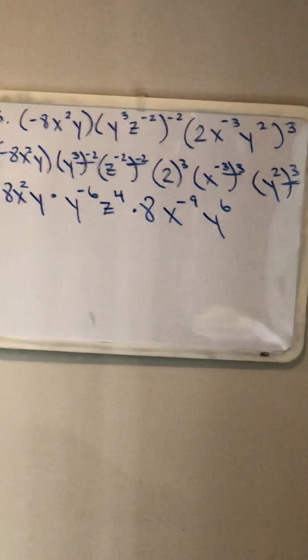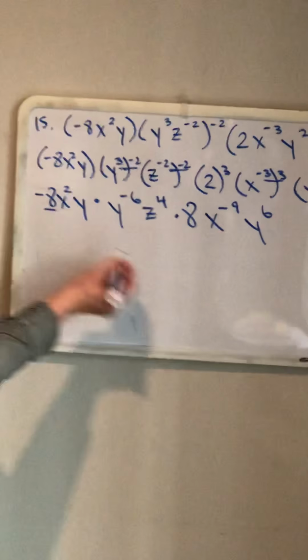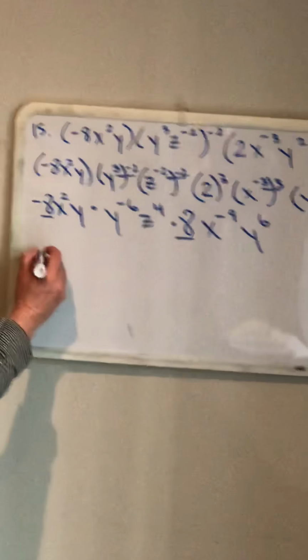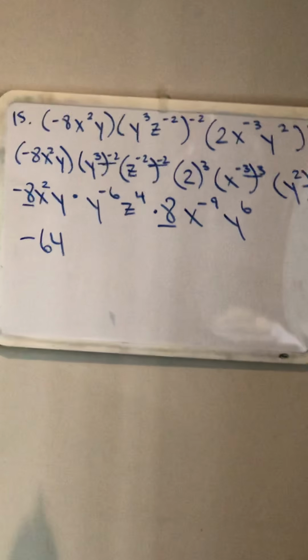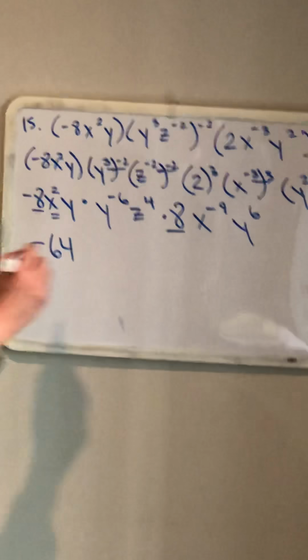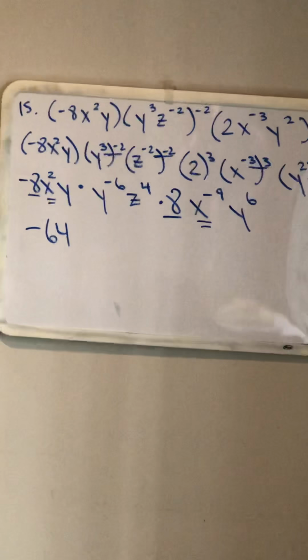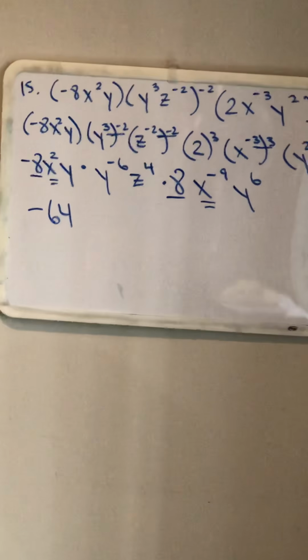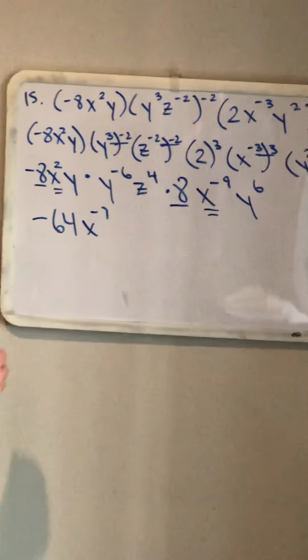Now I'm going to simplify by first multiplying the coefficients. Negative 8 times 8, that is negative 64. For the x's, x squared times x to the negative 9th, that's where you add the powers. 2 plus negative 9 is negative 7, so you have x to the negative 7th.